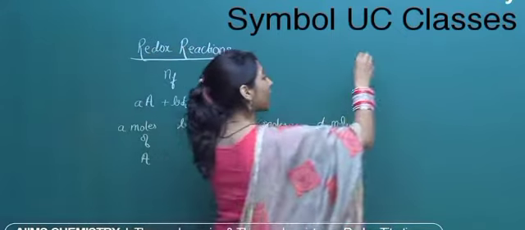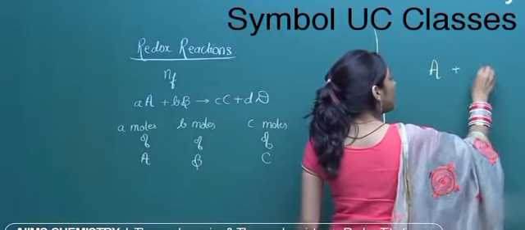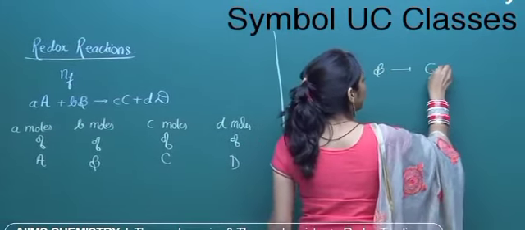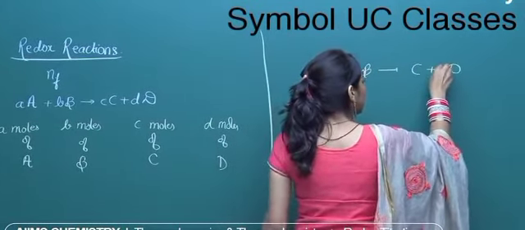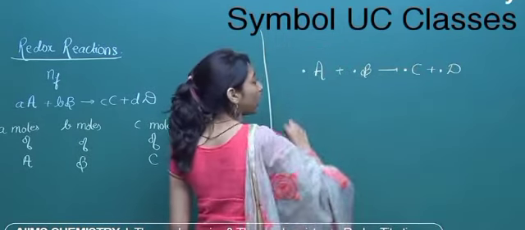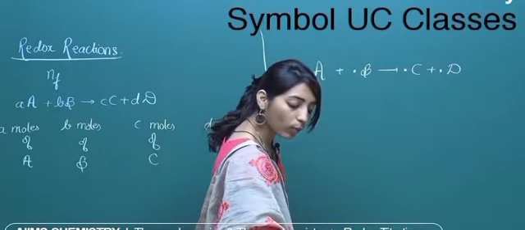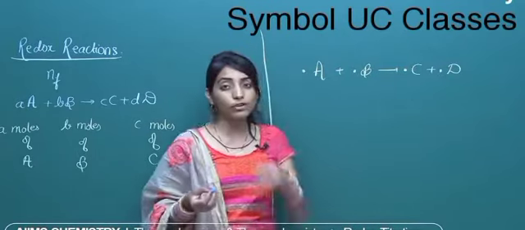But suppose I had written another chemical equation which is just A plus B to form C plus D. There must be some stoichiometric coefficients, but right now I have not balanced the chemical equation. That means I am not aware of the values of the stoichiometric coefficients.